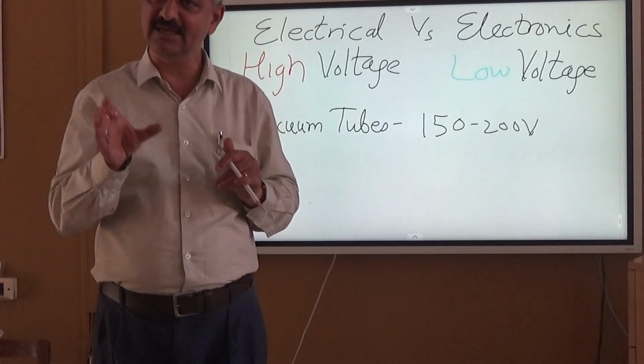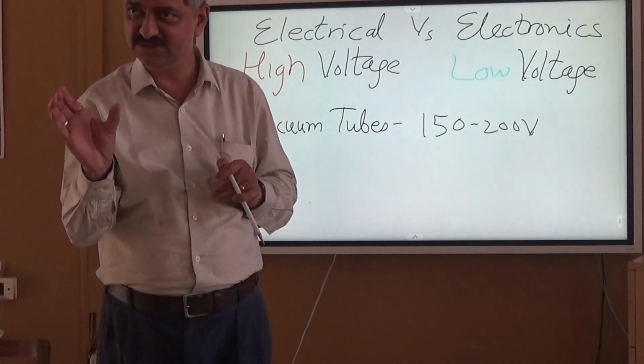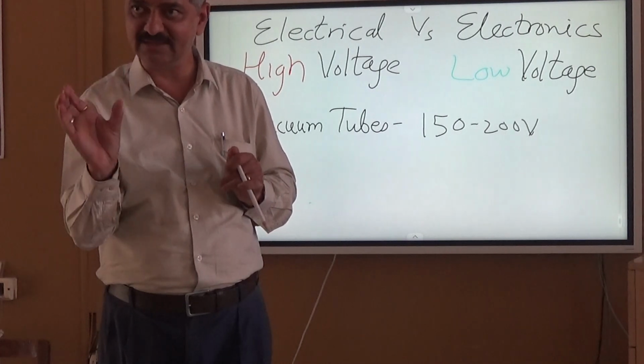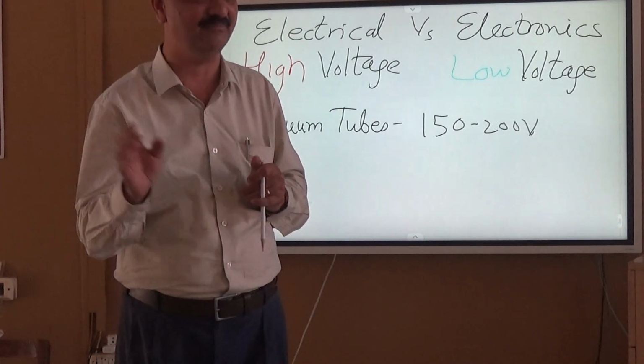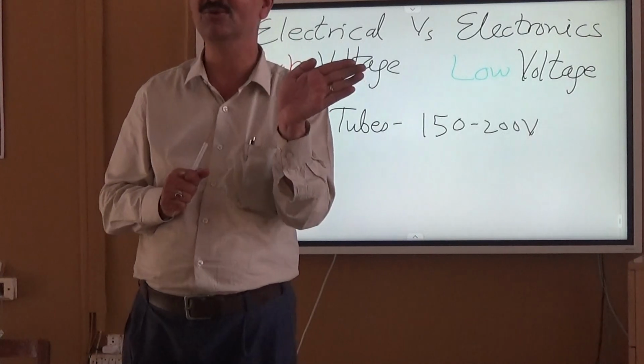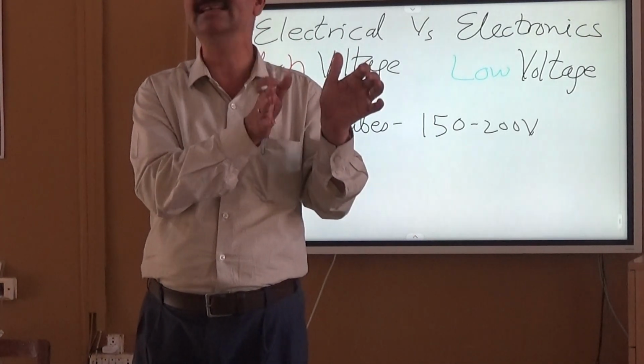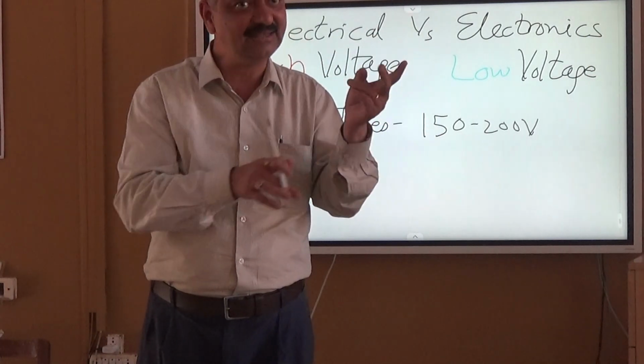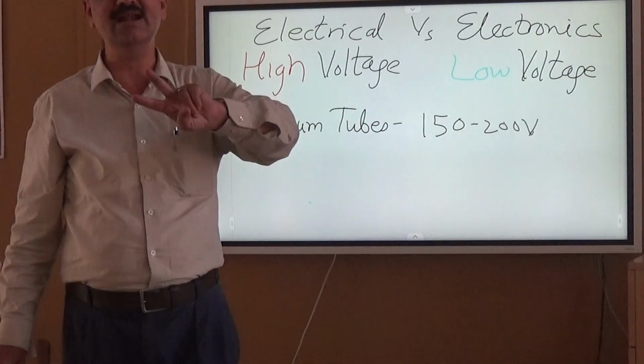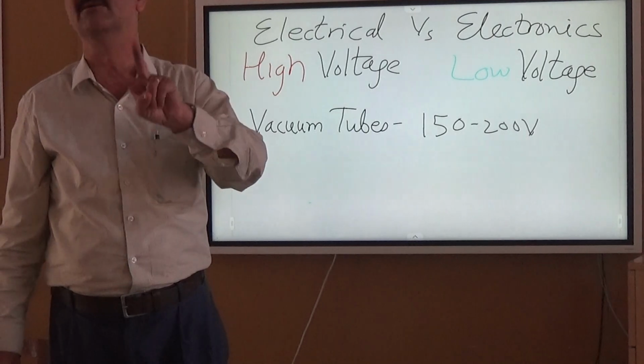Then a small version of it, where the amplifier consisted of transistors, came. So a small pocket radio was called a transistor. And at that time radio and transistor were considered to be opposite terms of each other.